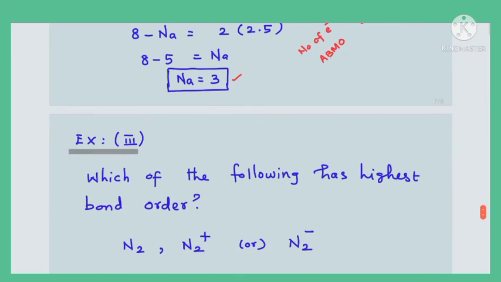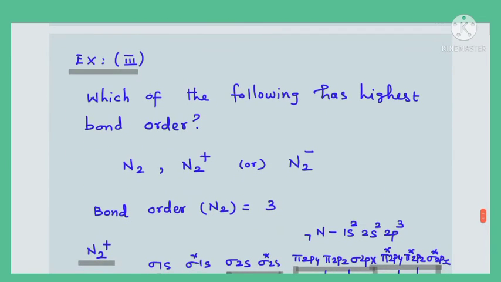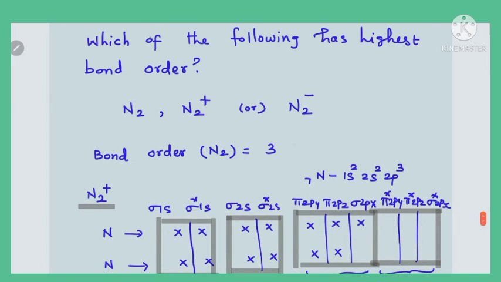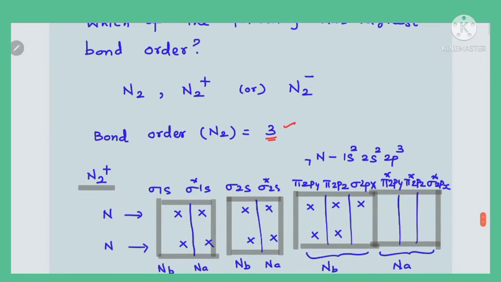Then one more problem. You are given 3 species. Which among the following 3 has the highest bond order? You have to find the one with the highest bond order value: nitrogen molecule, N2 plus ion and N2 minus ion. The bond order of the nitrogen molecule we have calculated in the previous video. Just watch the previous video and understand how it is done.